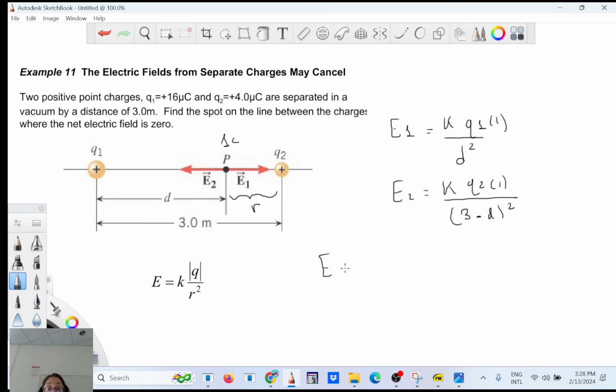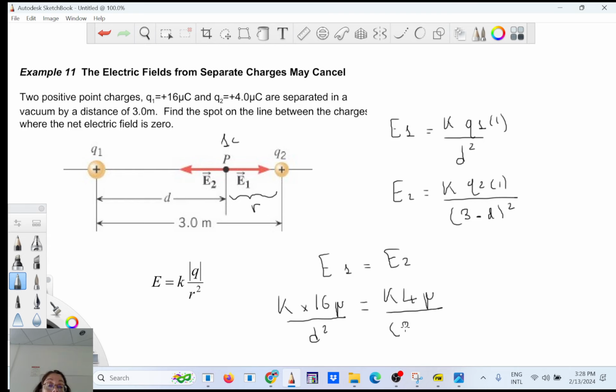And physics stops here. Math takes over. E1 equals E2, so you have K times Q1, which is 16 micro, times 1 over D squared, equals K times Q2, which is 4 micro, over (3 minus D) squared.